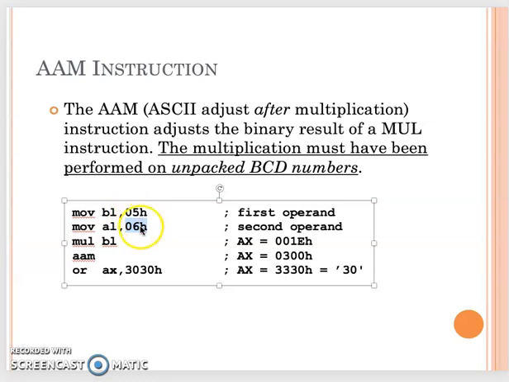Here is 5 multiplied by 6, so the result will be 30, but this 30 is in binary value. The AAM converts the binary value into unpacked digits. After you are done, you have your result. The same thing, in your AX you need to OR each byte with 30, so that each byte displays correctly in ASCII. That's the multiplication.